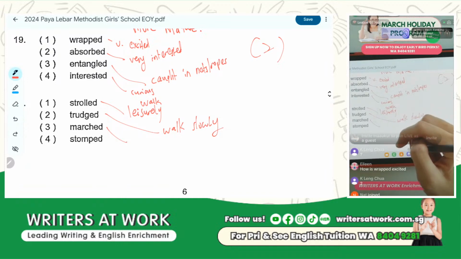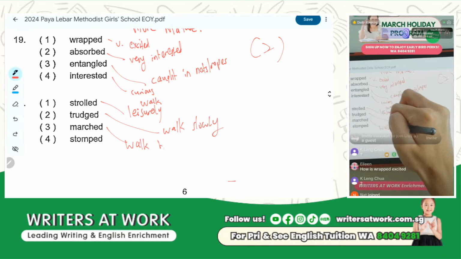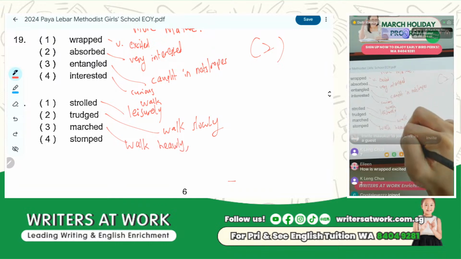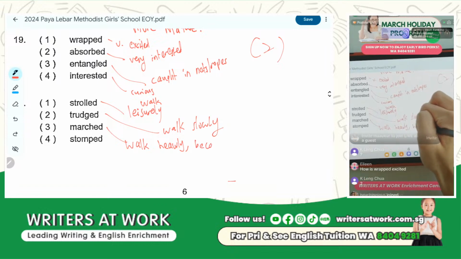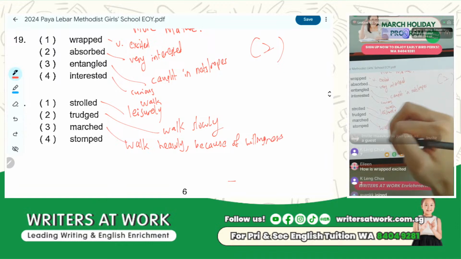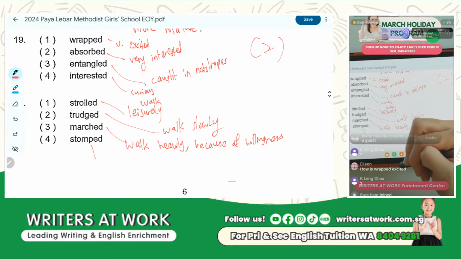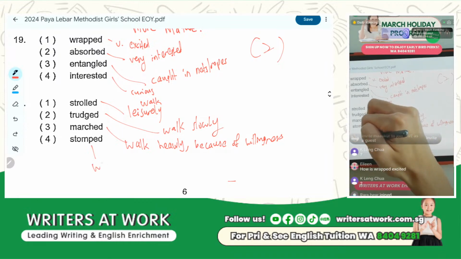March, option 3, means that you walk very quickly and in heavy steps. And this has the idea of unwillingness. Lastly, stomped. Stomped here means you walk heavily to show anger.